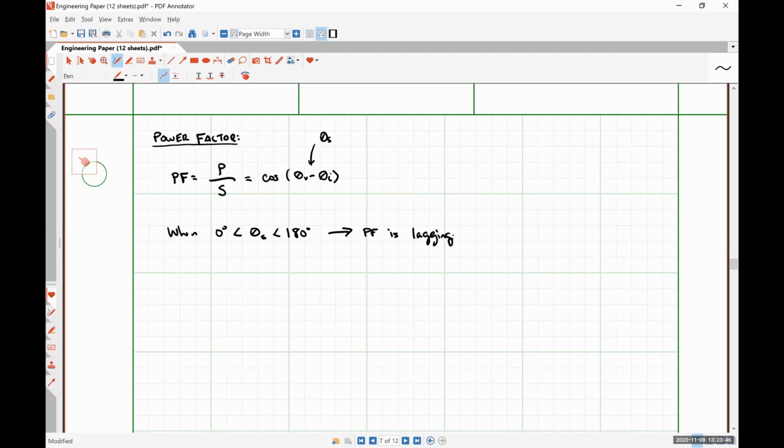By definition, this means that our current lags the voltage, which in turn means that we have an inductive load. We saw that in our last lab, right?